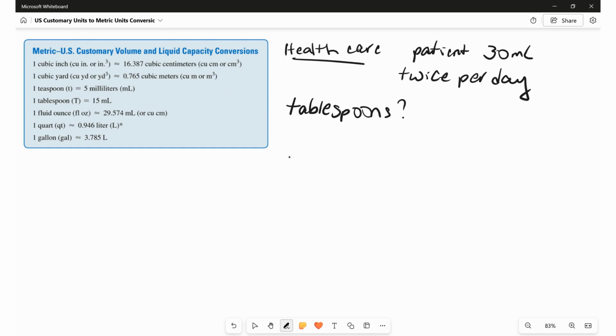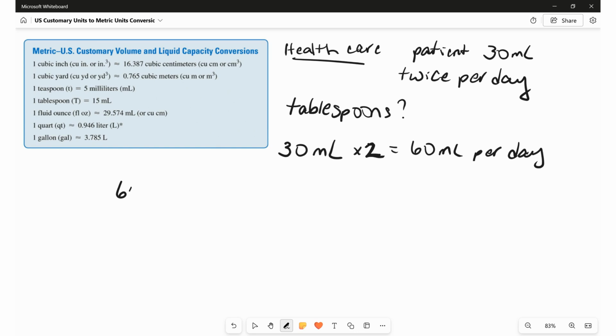Well, the first thing that we need to do is say, if we take 30 milliliters twice per day, that's 60 milliliters per day. That's how much of the medication this patient was getting in the hospital. Now, if we want to convert this to tablespoons, we are going to use the conversion for milliliters to tablespoons.